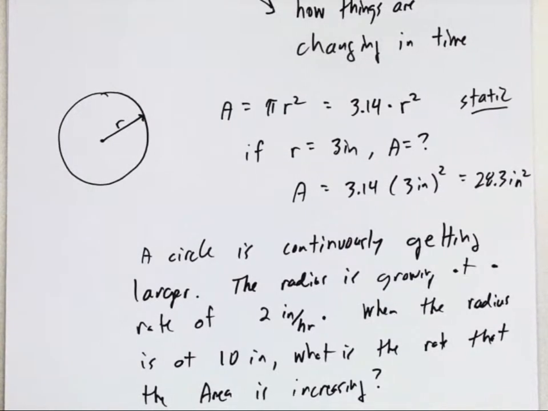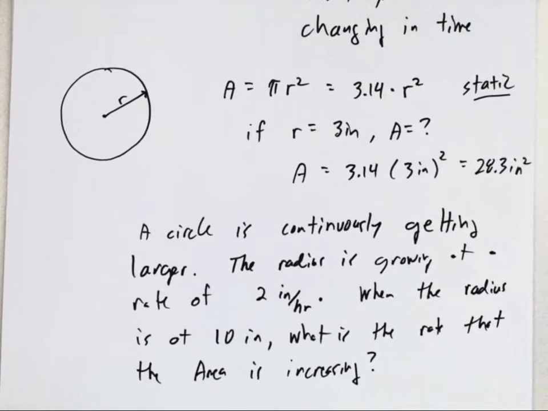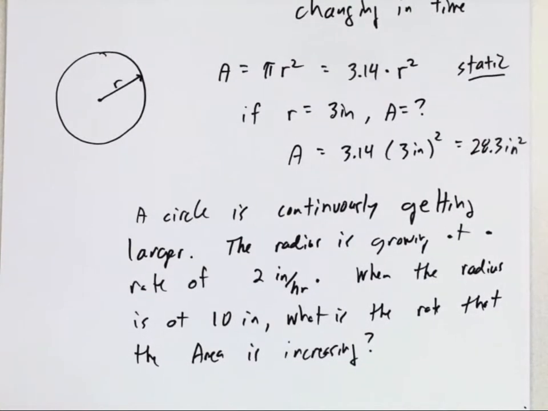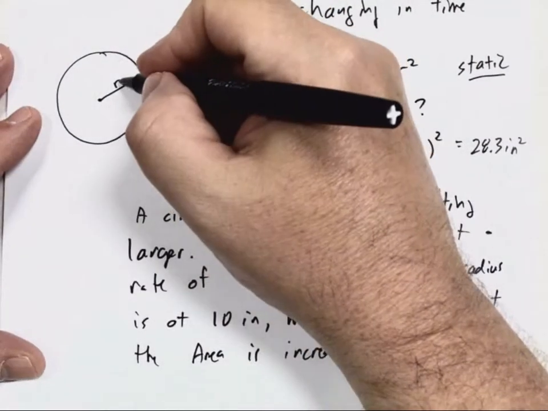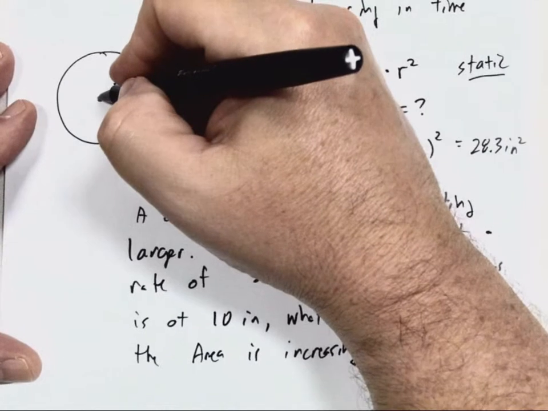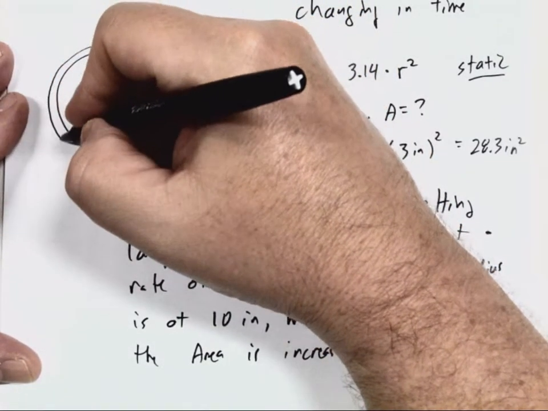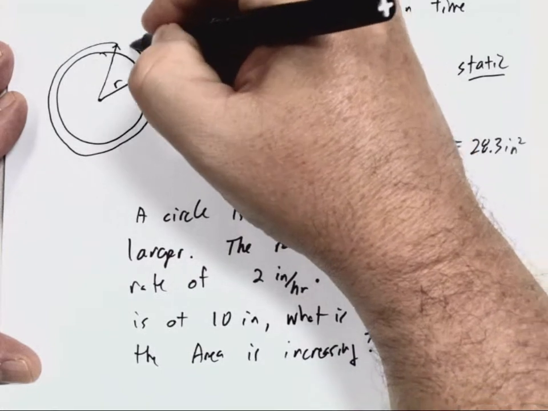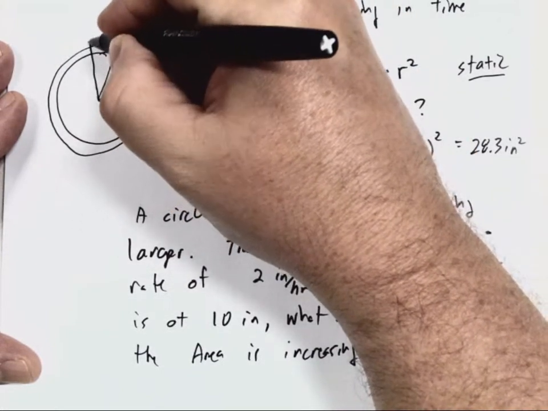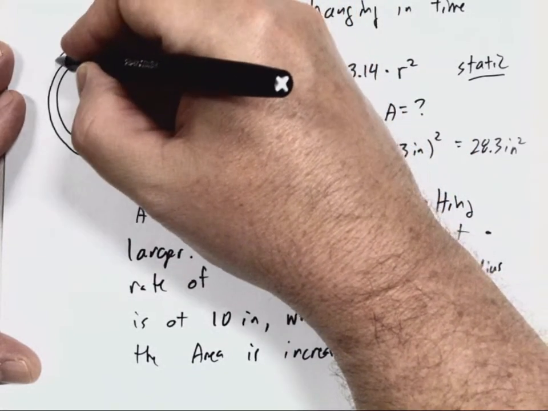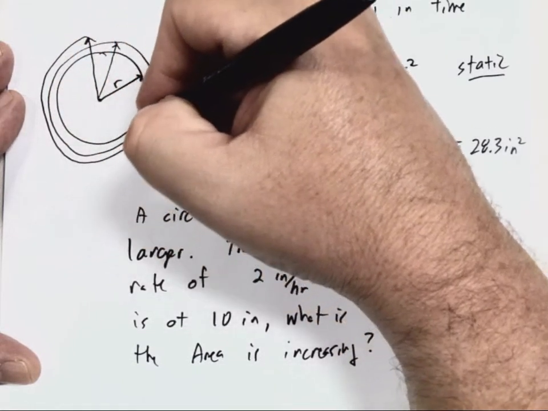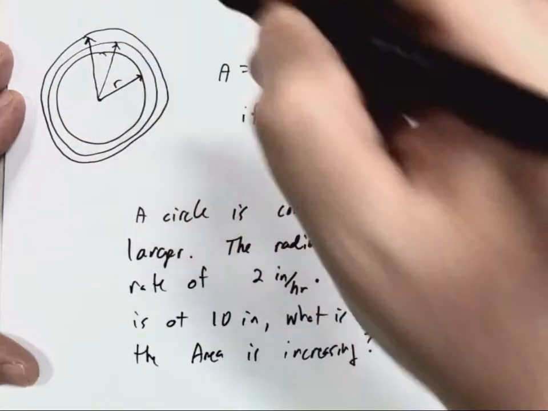So in other words, now we have a problem where things are changing. This radius is continually getting larger, and obviously as the radius is getting larger, the circle gets bigger and the circle grows.